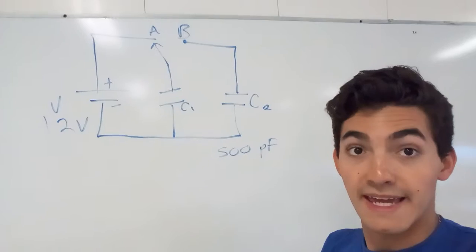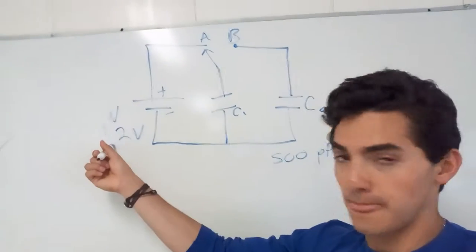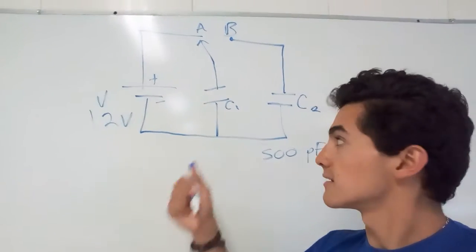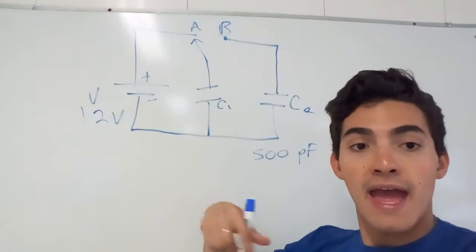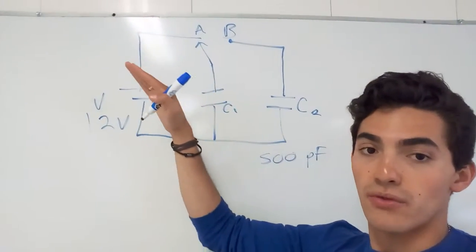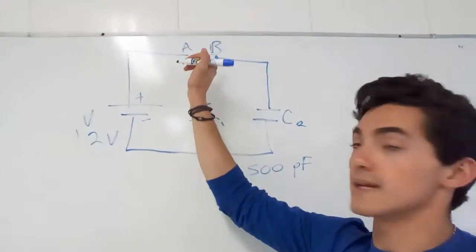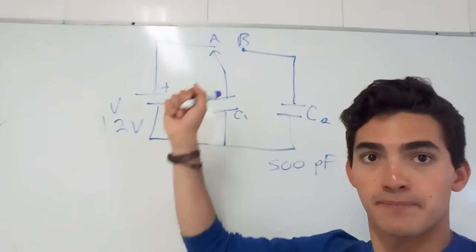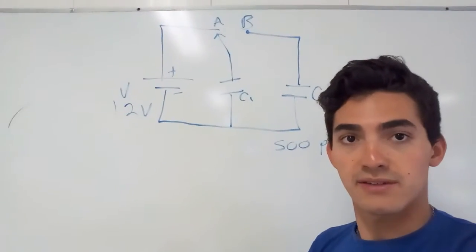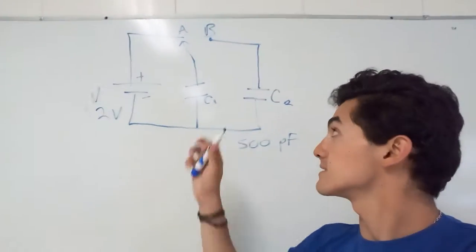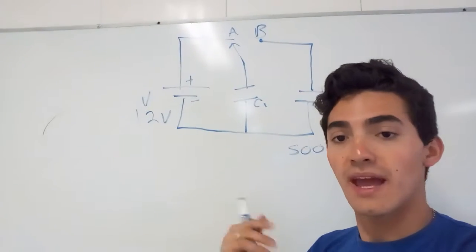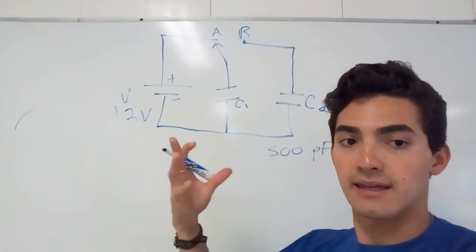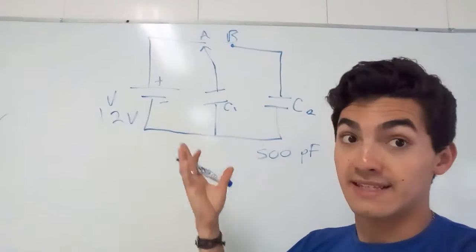We have to determine the energy delivered by the battery first, then the energy stored in capacitor 1, and then the switch is thrown from A to B. The circuit is allowed to reach equilibrium, and then we have to find the total energy stored in C1 and C2, and then explain the energy lost, if there is any.